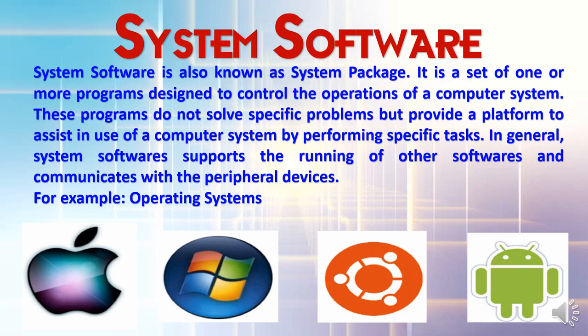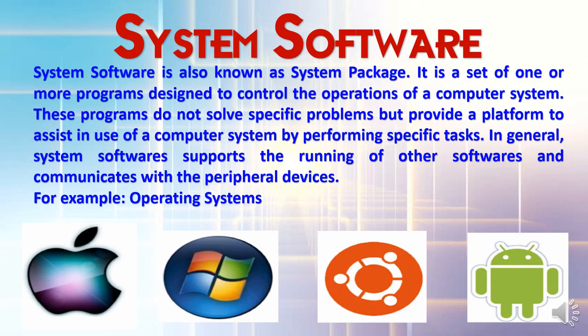Other than operating systems, we have many more system softwares. We will talk about the same in the coming slides. Now, when you install an operating system into a computer CPU, into a computer hardware, the hardware becomes alive and you can use the functionality of that particular CPU.